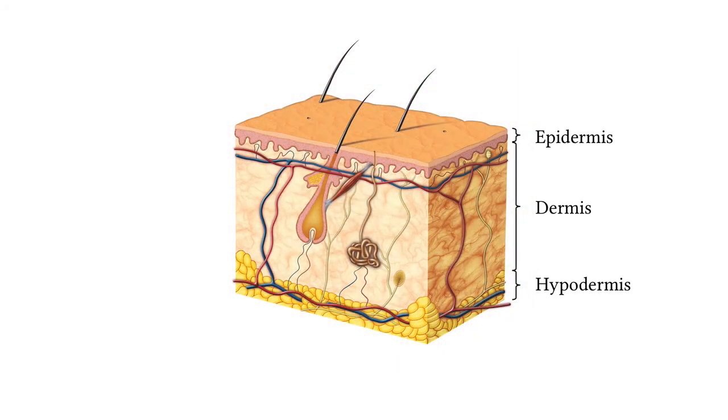Now take a look at the hypodermis layer. It's sometimes called the subcutaneous layer, which means a layer under the skin. It is made of loose connective tissue and adipose or fat tissue. The loose connective tissue is to connect the skin tissue to the muscle or bone below it. The adipose tissue helps to insulate the body from losing heat. It also provides protective padding. Now, depending on the area of your body, the amount of adipose tissue varies.